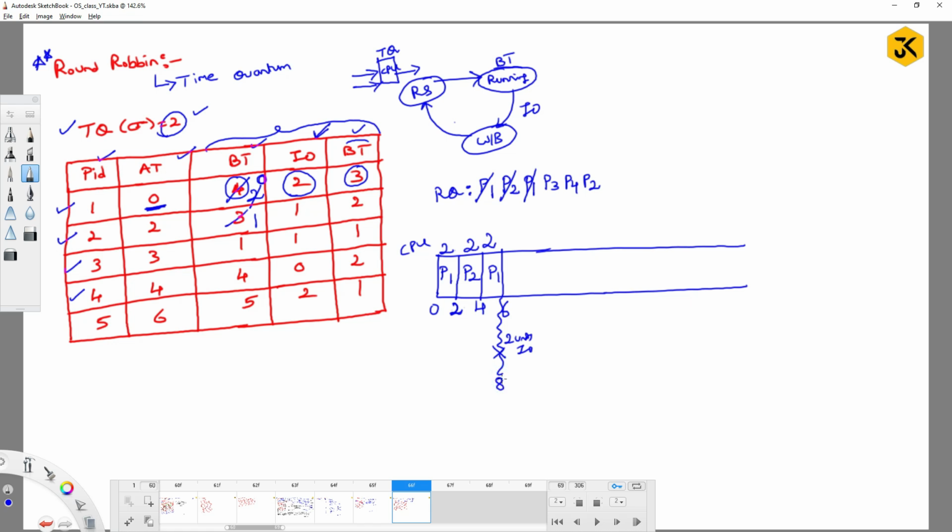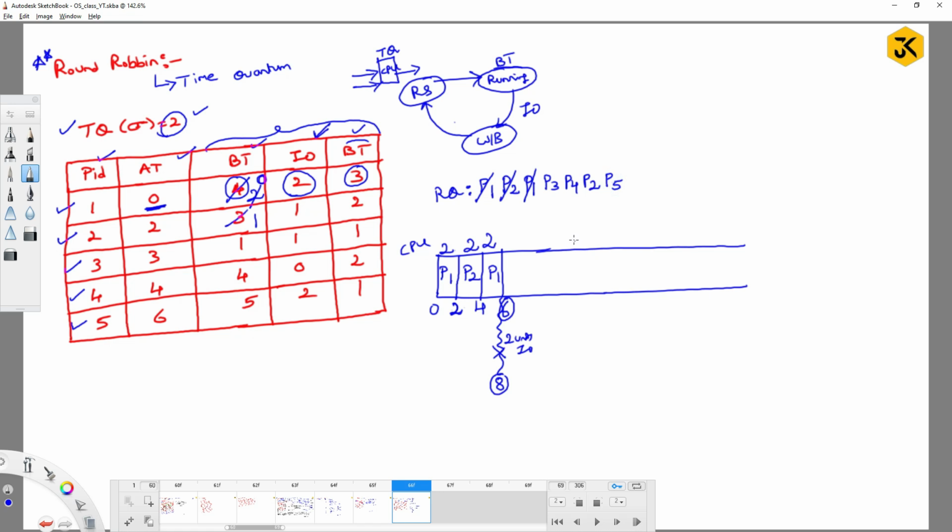At 8 units of time it will come back and enter the ready queue. That is what you have to understand. Now, as P1 completes 6 units of time, P5 has also arrived, so I have to add P5 to the ready queue.